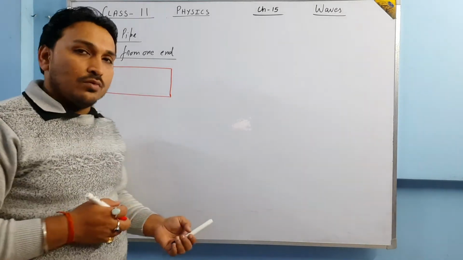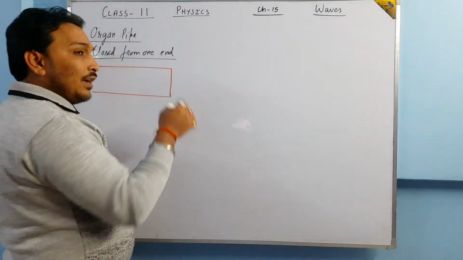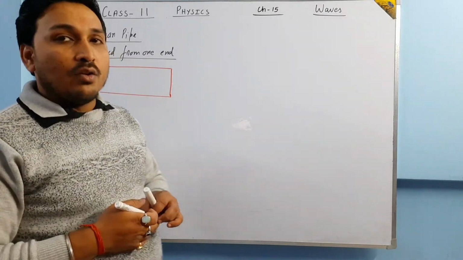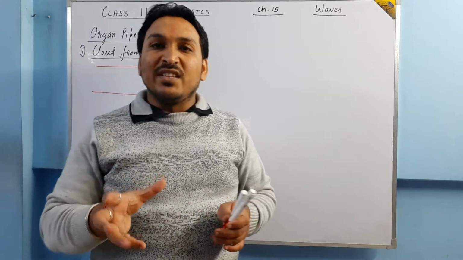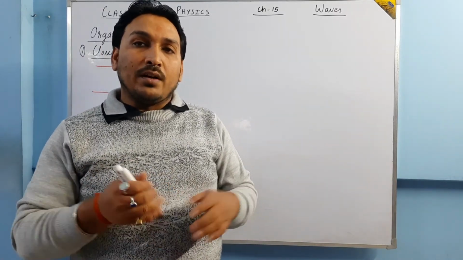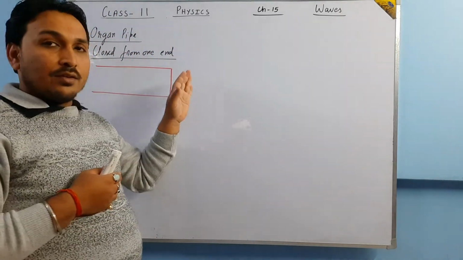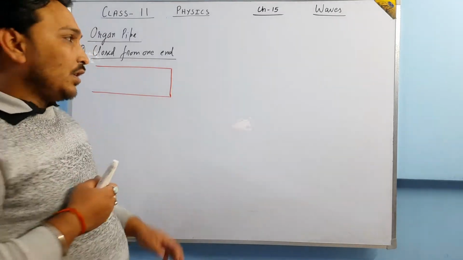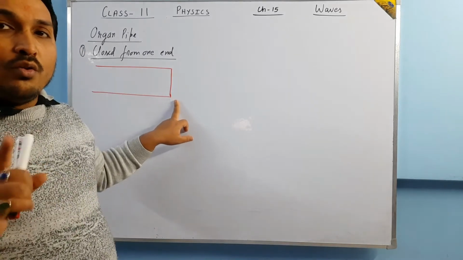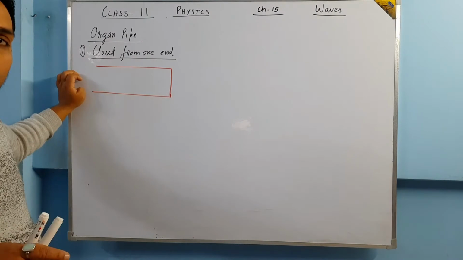Why am I saying so? Sound is a longitudinal wave, in which compressions and rarefactions are formed, so particles have to move along the direction of the wave. The particle cannot move in that direction because it is a rigid wall. So at this point a node will be formed, but since the other end is open, an antinode will be formed there.